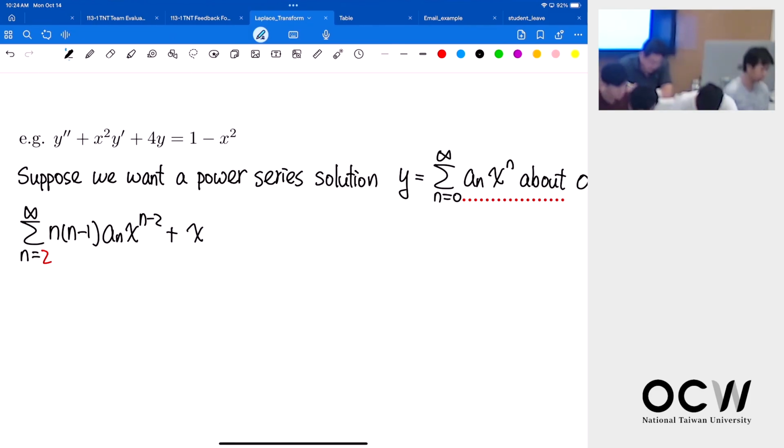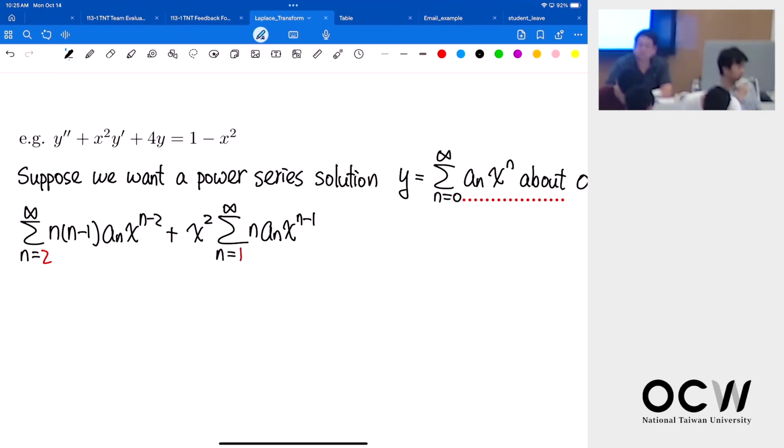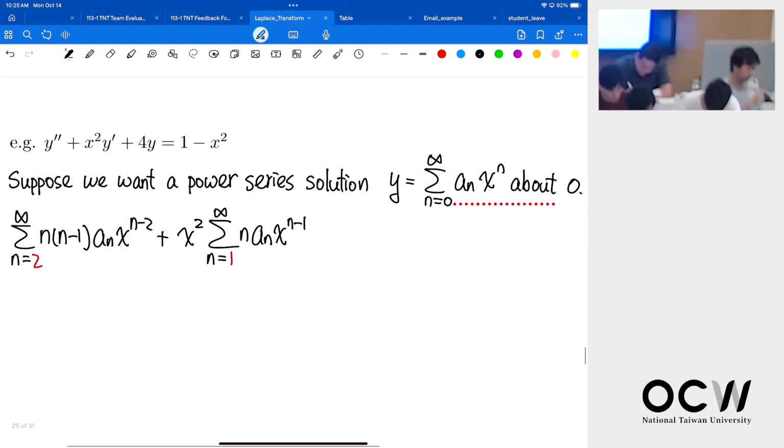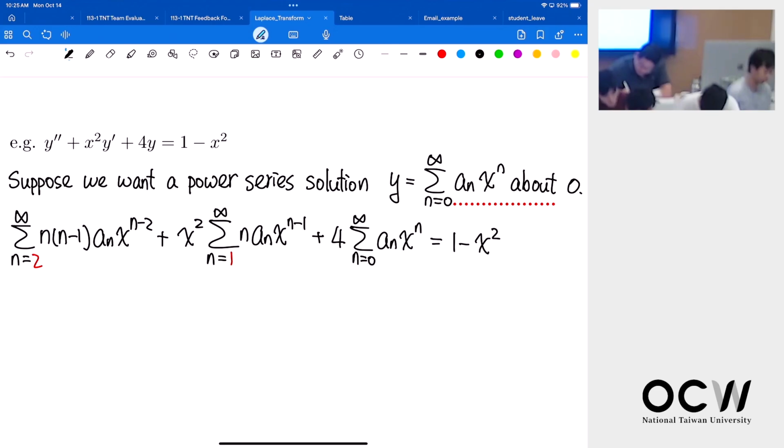And then x squared y prime, where y prime will be n times a_n x to the n minus 1, and this n is from 1 to infinity. And plus 4y, where y is this series, n from 0 to infinity, a_n x to the n. That should be equal to 1 minus x squared.